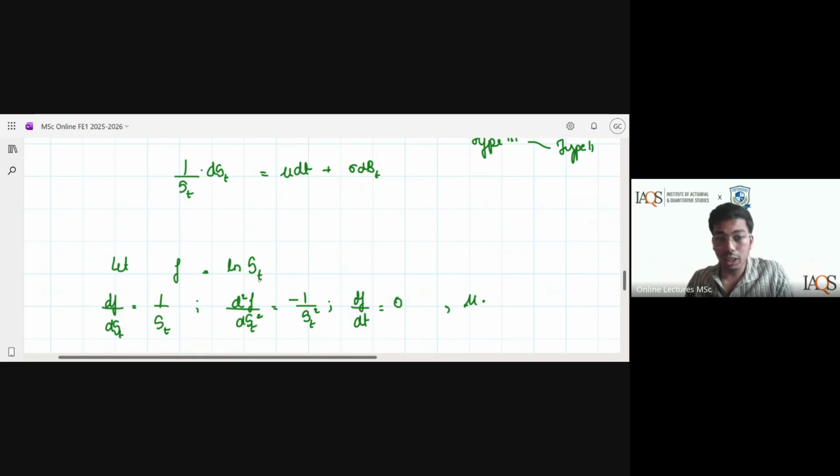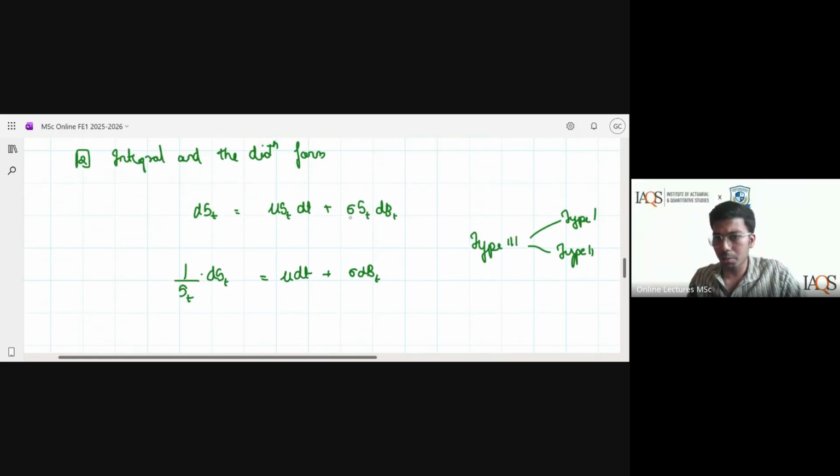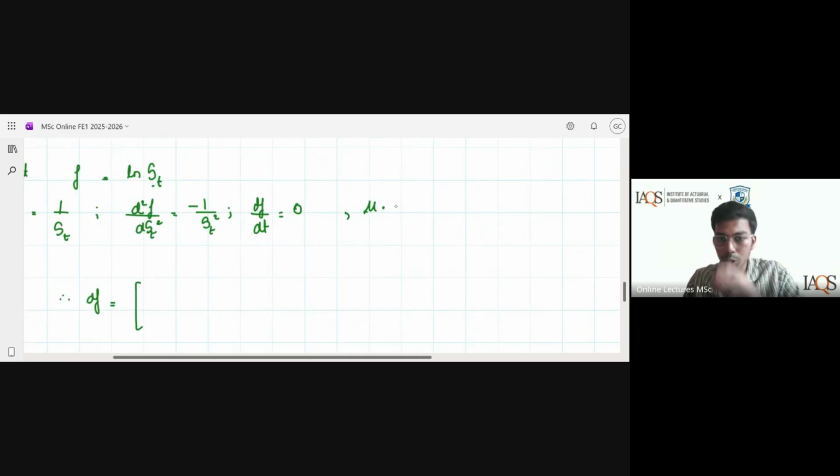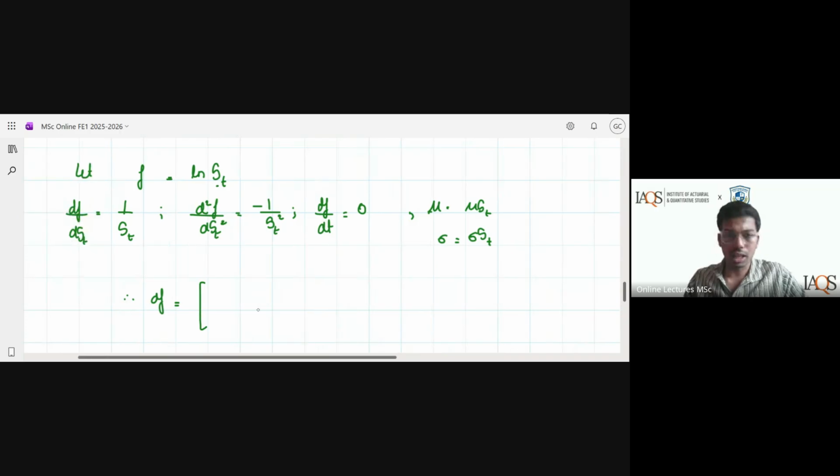The function, the inner Brownian motion is St. The SDE form of St is what? mu St dt plus sigma St dBt. Can I say the drift is mu St? Diffusion is sigma St. Therefore, can I say mu is actually equal to mu St? Sigma is actually equal to sigma St. With me till here?